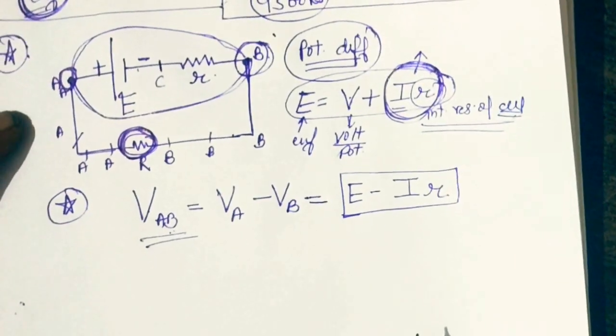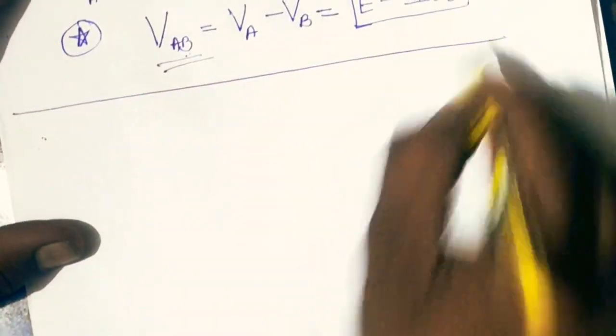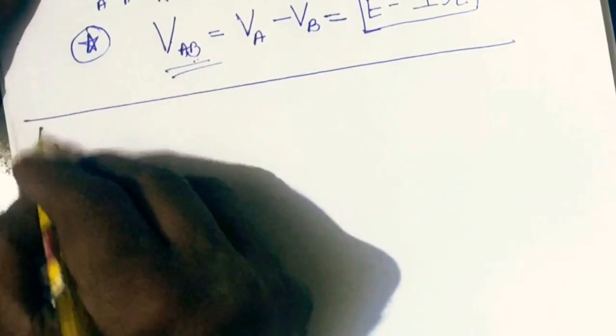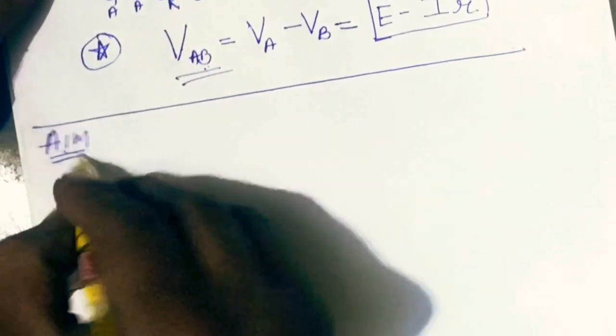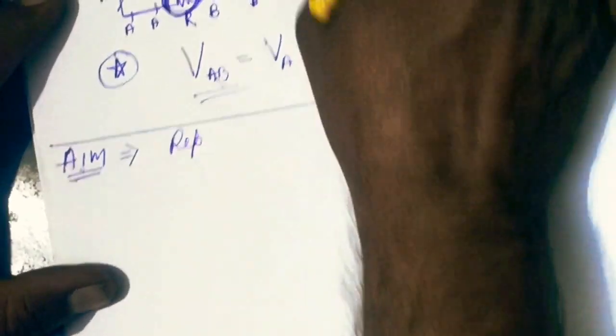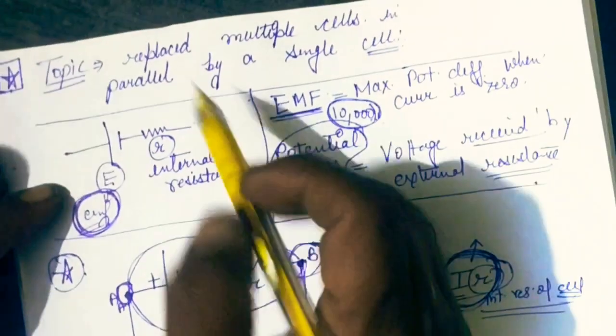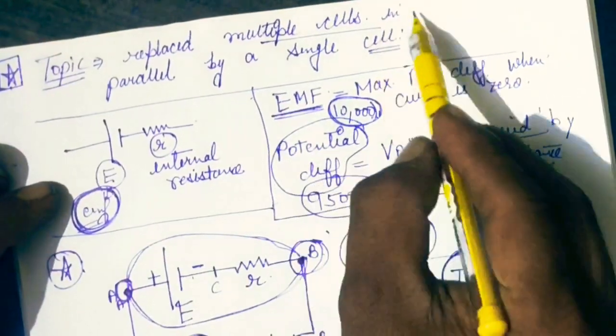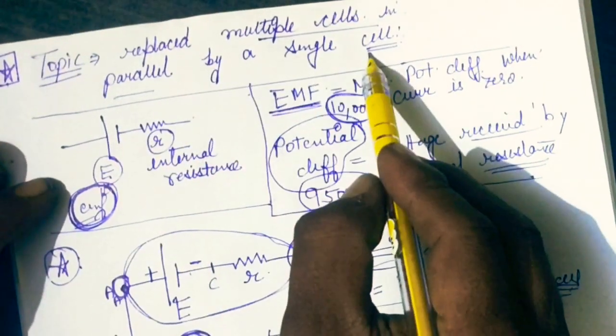Okay, so let me revise. What is our aim? Our aim is to replace multiple cells which are connected in parallel by a single cell. So let's start with two cells.